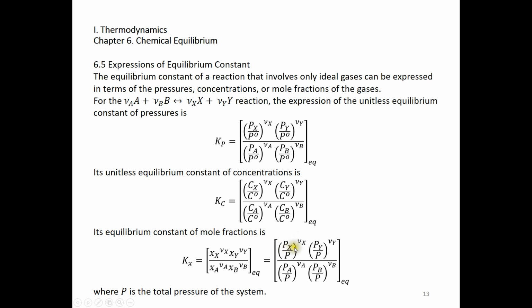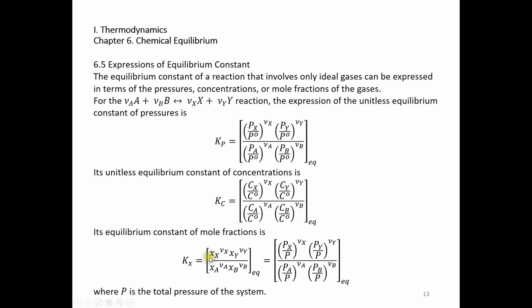So the partial pressure of X times V is equal to the number of moles of X times RT. And now we see the pressure is proportional to the number of moles for X, and also for Y, and for A, and for B. And all four ideal gases have the same temperature, they have the same volume, therefore we have this relationship.